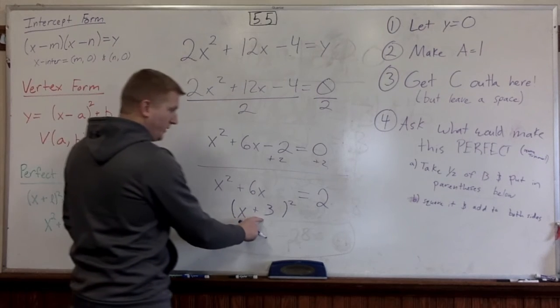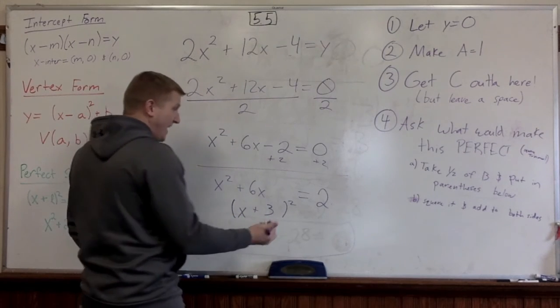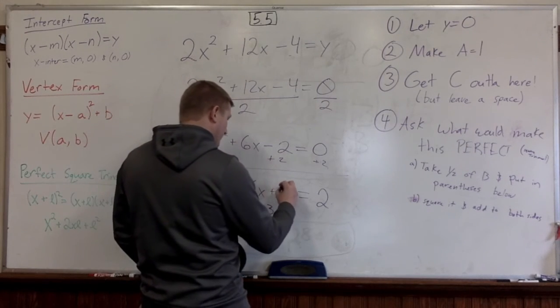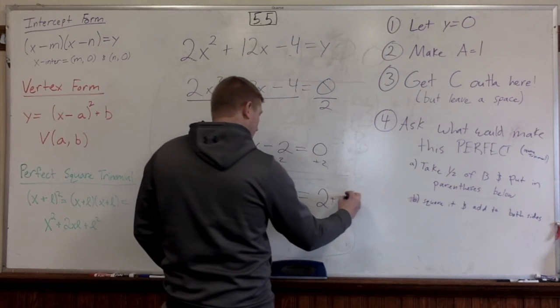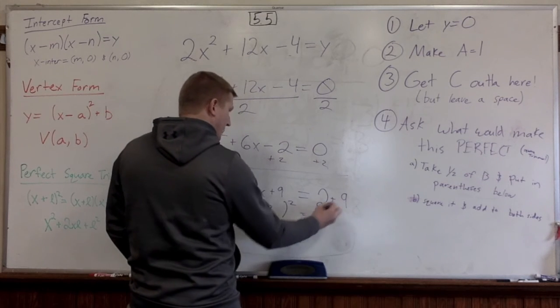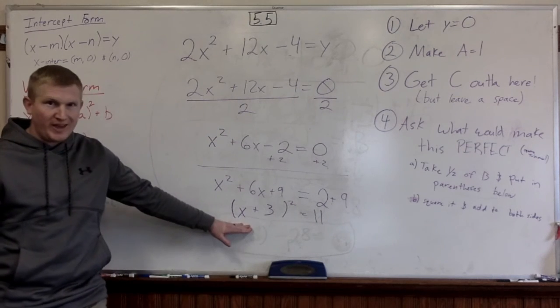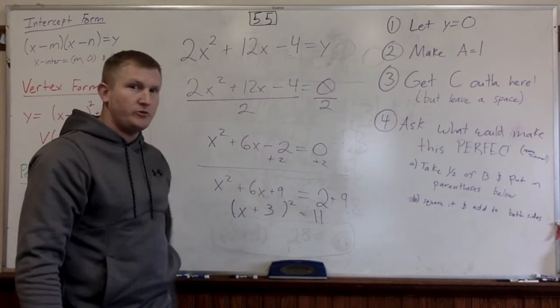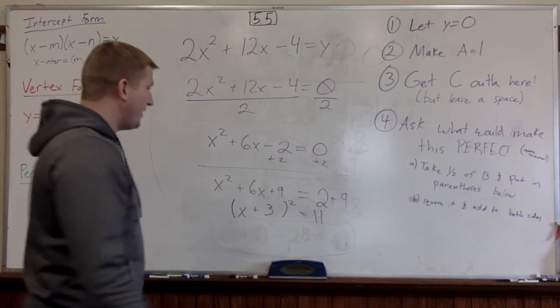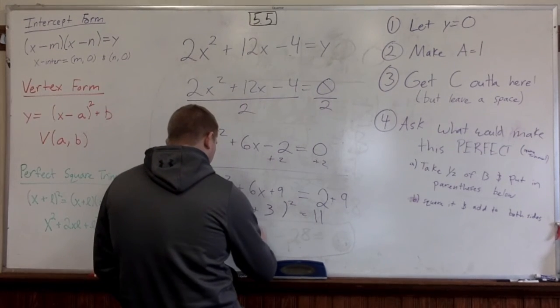So take 3, square it. 3 squared is going to be 9, so I'm going to add 9 to both sides. All right, then 9 plus 2, that's going to be 11. So I end up with this perfect square trinomial, x plus 3 quantity squared is equal to 11. Subtract 11 from both sides to get 0 on the right.